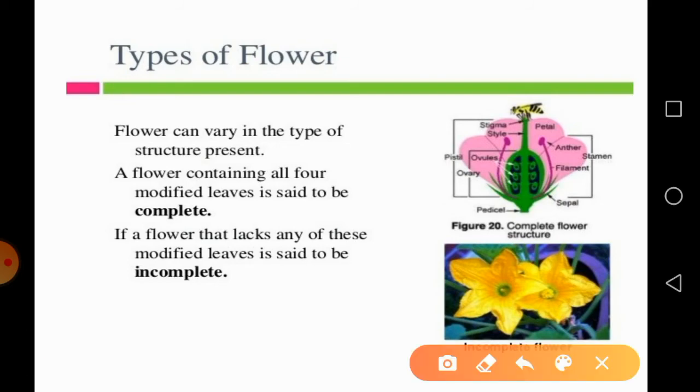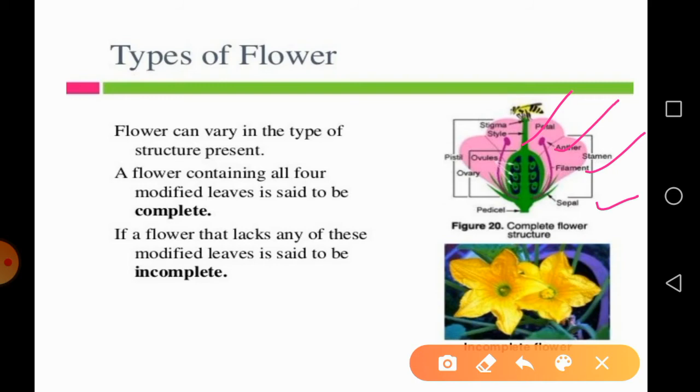Okay. Suppose your flower has all four parts. You can see here this flower has sepal, petal, androecium and gynoecium. If all these four parts are present in a flower, then it is said to be a complete flower.